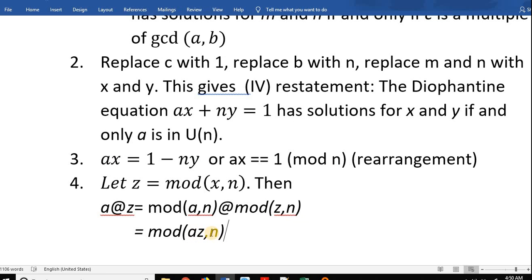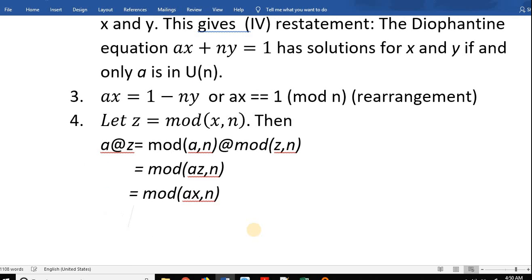Now, what about mod az, n? Well, z is modular equivalent to x. So that's the same thing as mod of ax, n, which is equal to 1.